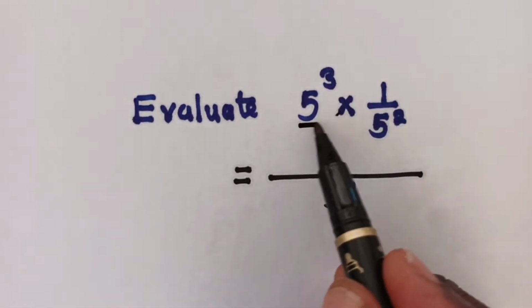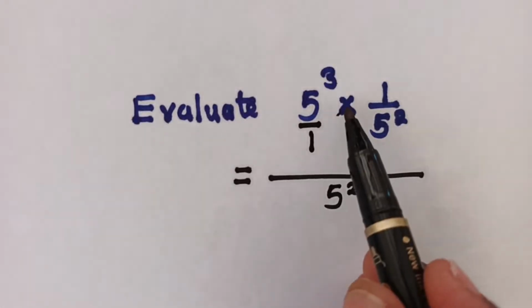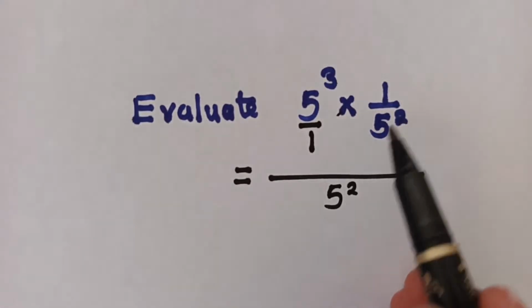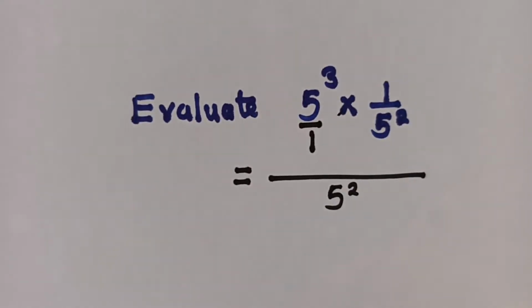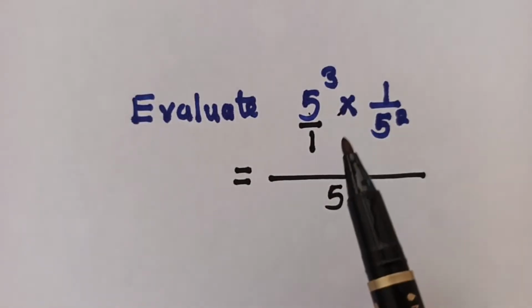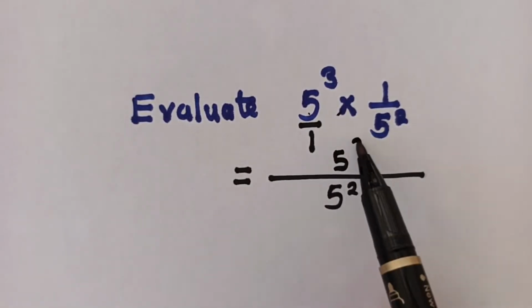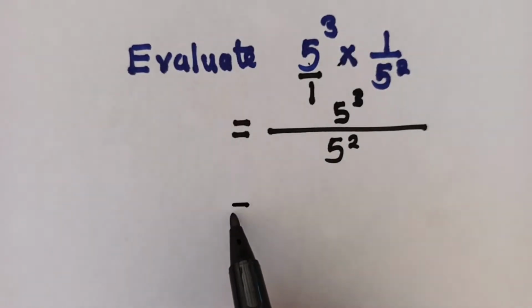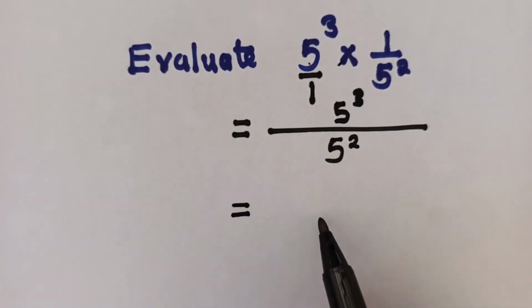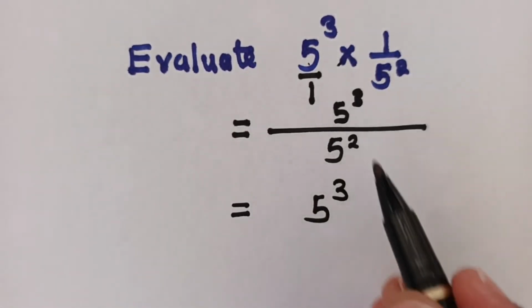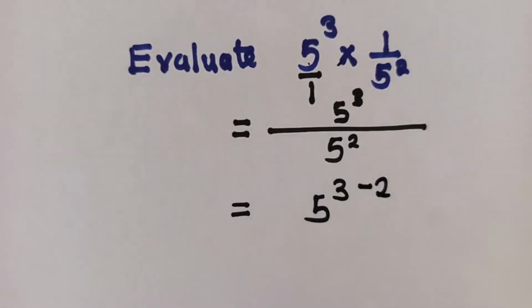We know that there's a 1 here. Since this is multiplication, this will be 1 times 5 power 2, which is 5 power 2. And then on top, we say 5 power 3 times 1, it's 5 power 3. And then you say equal to 5 power 3 minus 2.